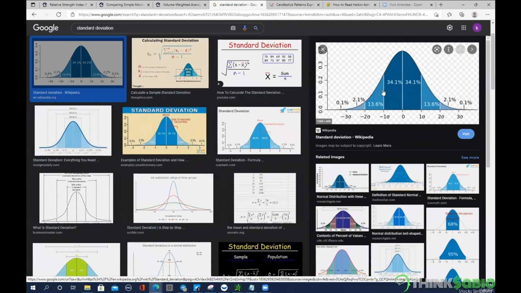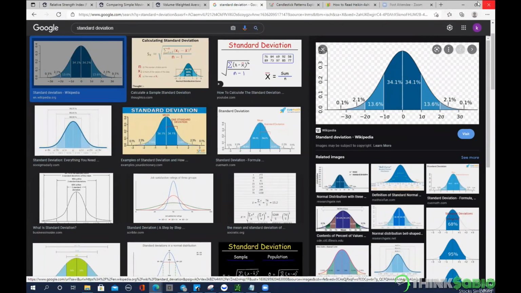The majority of the data will fall within one standard deviation, and then 98 point something of the data falls under the third standard deviation, and almost 99.999% falls under the fourth standard deviation, right? So this is the standard deviation curve. This is statistics. This is not something that we have created for the stock market.